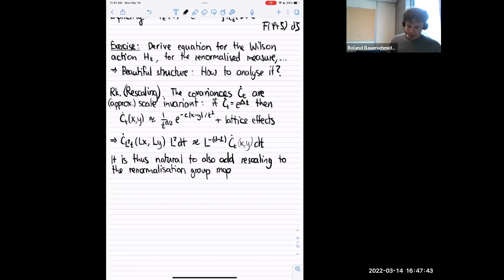You can either add the rescaling explicitly, and for example, when Wilson writes down his equations, that's how it's done. And at some point, you need to look at rescaling. But the equations become nicer if you don't do it explicitly, say, as in the Polchinski equation. There's no explicit rescaling. And one just imagines this potential you obtained, V_t, ultimately, everything should be maybe composed with a scaling map, but you don't write it down explicitly. I'm going to take this point of view here.